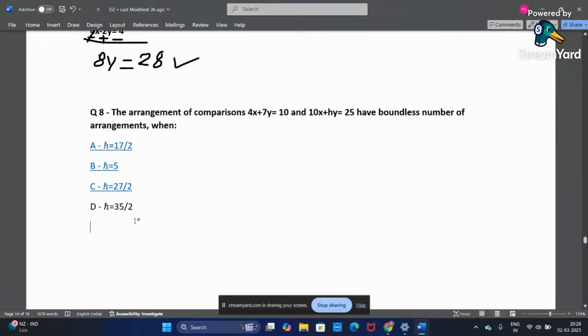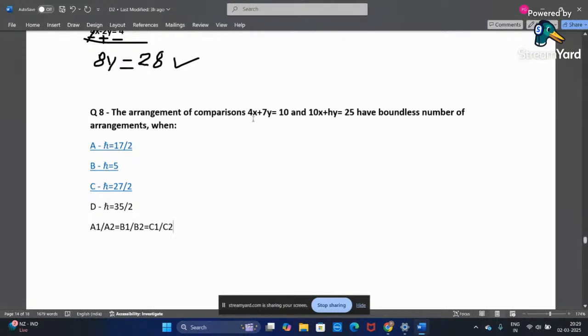Method of A1 by A2 equals B1 by B2 equals C1 by C2.